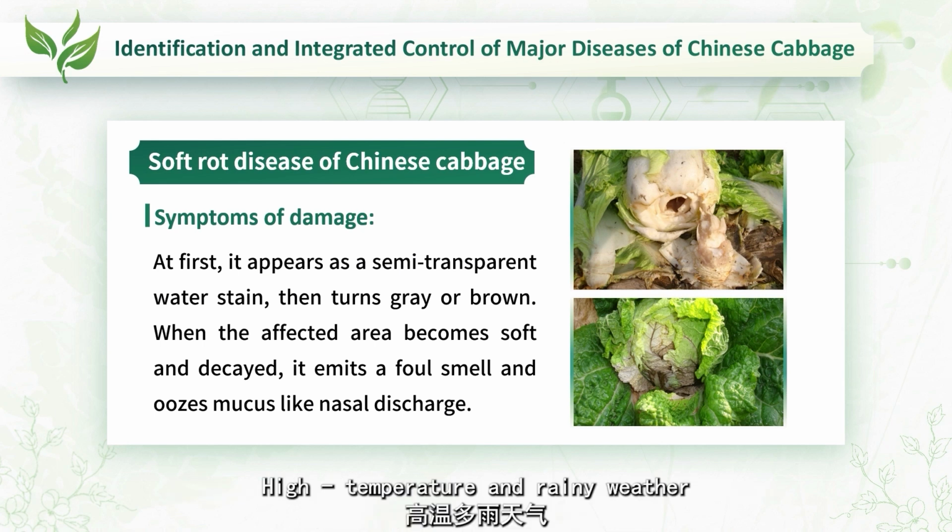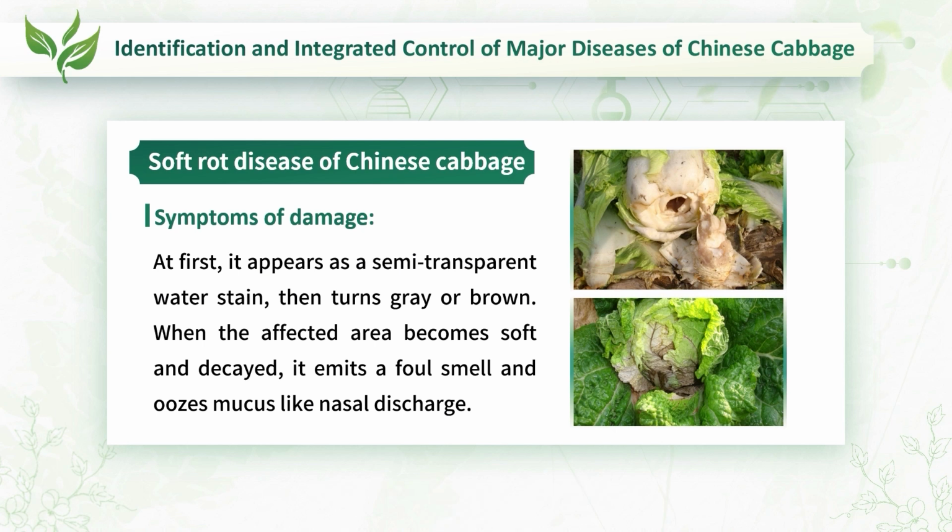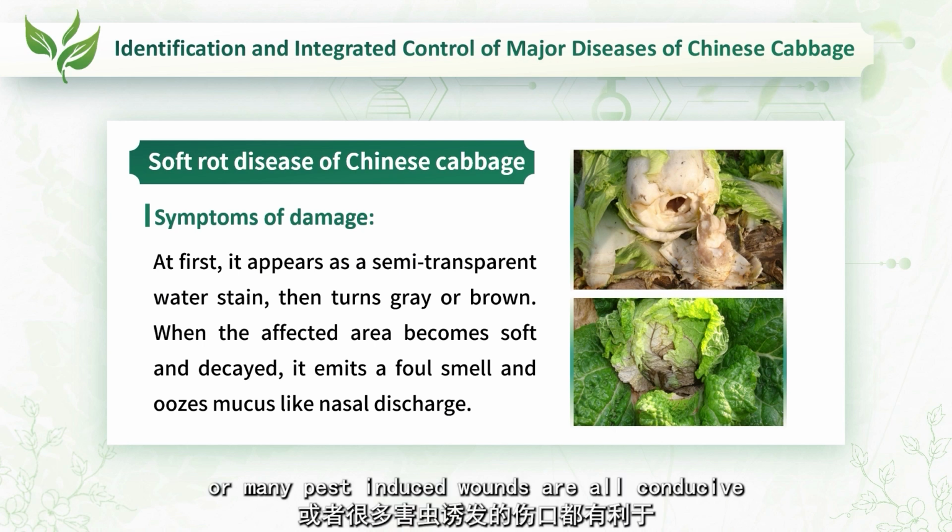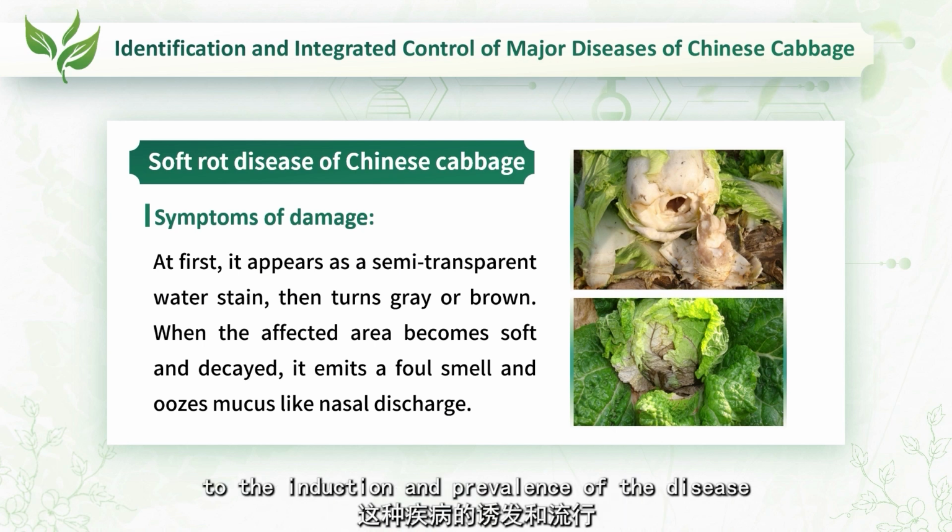High temperature and rainy weather, poor drainage, excessive application of nitrogen fertilizer, or improper water management, alternating drought and wetness, easy breakage of root hairs, or many pest-induced wounds are all conducive to the induction and prevalence of the disease.